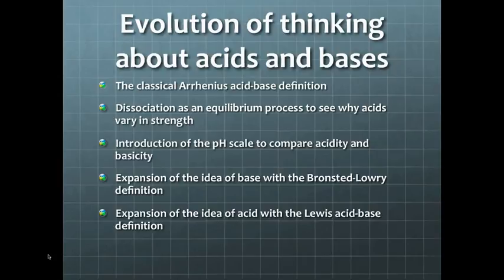The introduction of a pH scale was provided to compare acidity to basicity. And the expansion of the idea of a base was provided with the Bronsted-Lowry definitions of acids and bases. And currently, the most recent evolution on acids and bases is to define them with the Lewis acid-base definition.